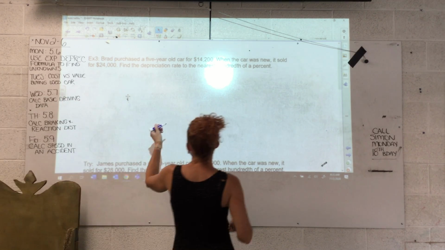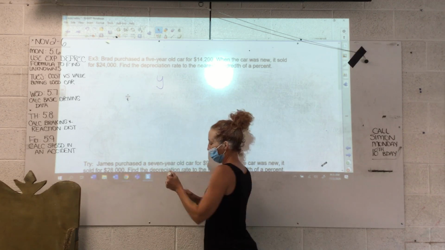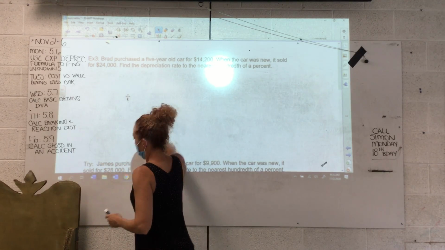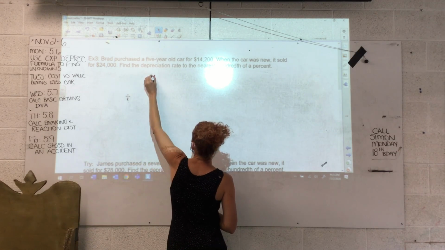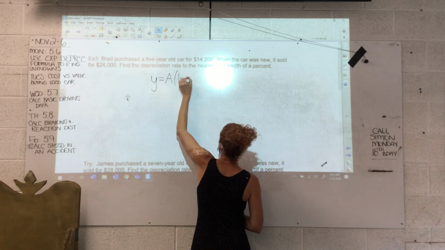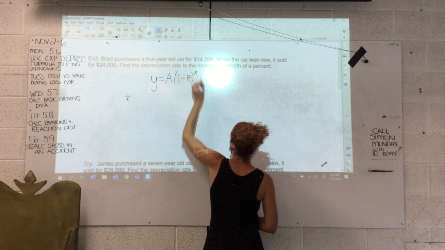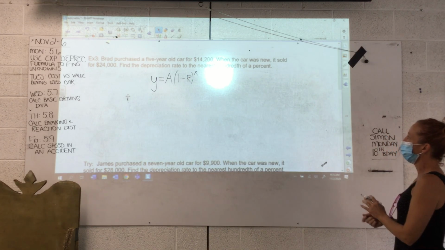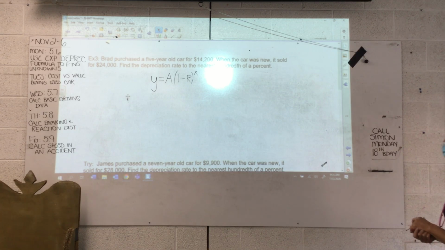Once again, I'll write down the formula. So, Brad purchases a 5-year-old car for $14,200.